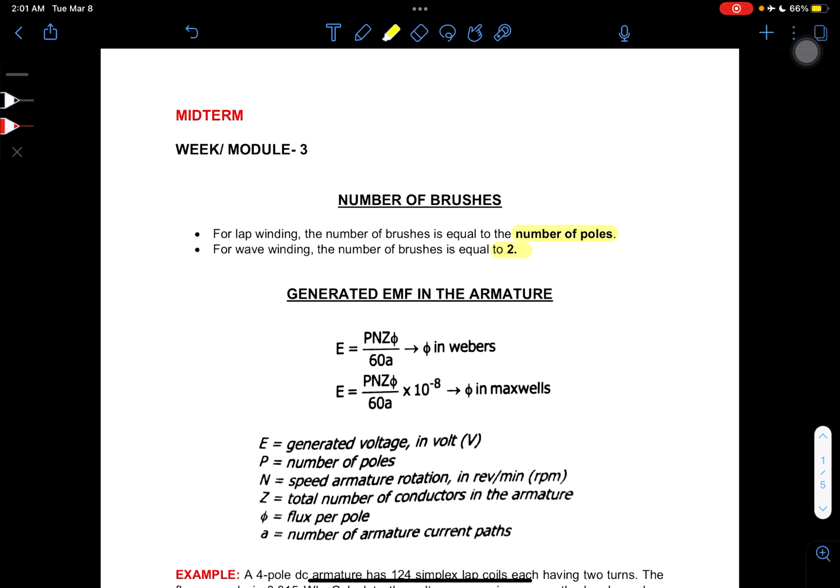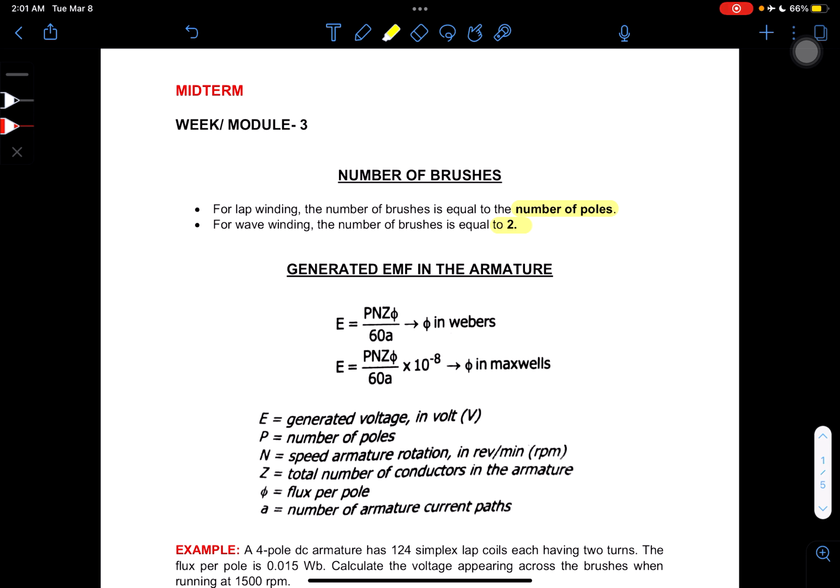So in generated EMF in the armature, we have here our formula. E is equal to P, where P is our number of poles, N is our speed of armature rotation in revolutions per minute or RPM, and Z is the total number of conductors in the armature.